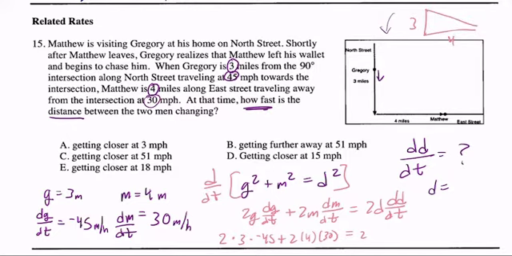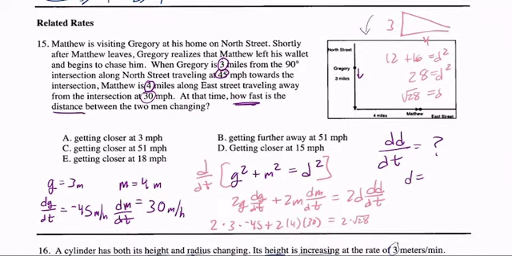So it would be 12 plus 16 equals d squared. And so if I add those, it would be 28, d squared. So d would equal the square root of 28. I'm not going to simplify that yet. And then we have to get the dd over dt alone.